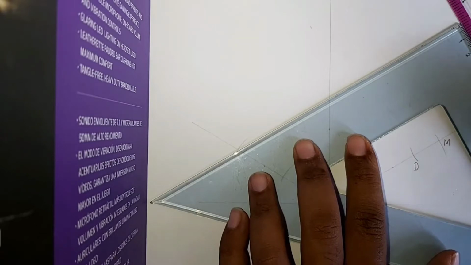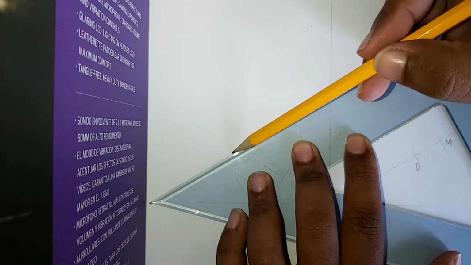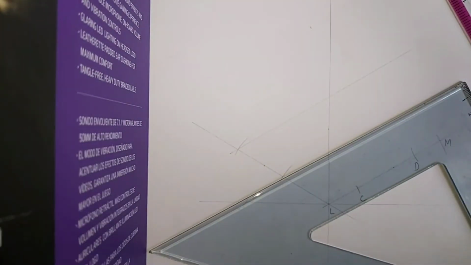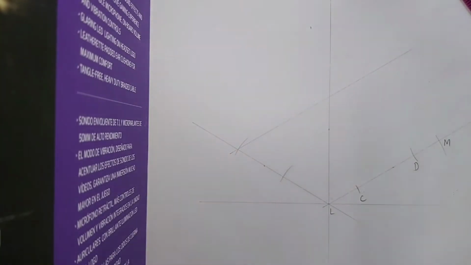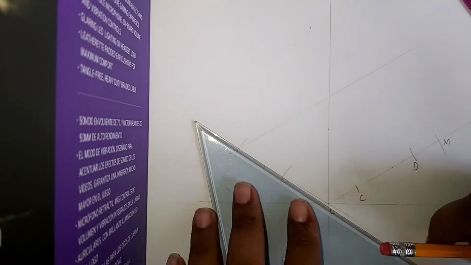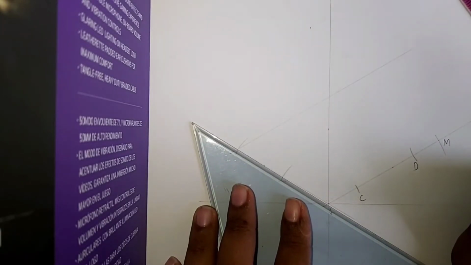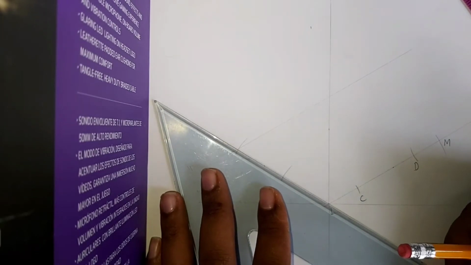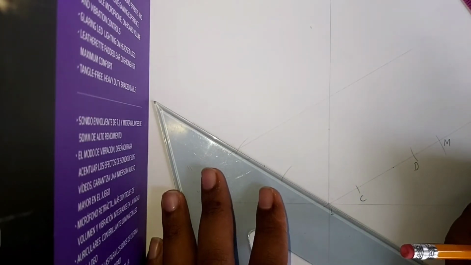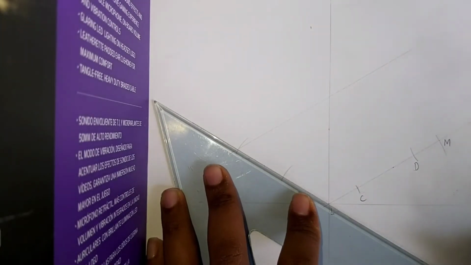So now I'm going to slide that side up to the length there. I'm going to draw my line. And then all I need to do is slide the other 30-degree angle to point M in order to complete the same rectangle that I have for the hexagon, right?